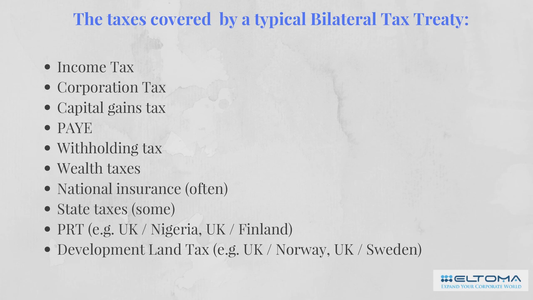Sometimes it contains provisions with regard to some state taxes. Also, the provisions with regard to PRT, for example, in the cases with UK and Nigeria and UK Finland, and also development land tax, for example, between the UK and Norway or the UK and Sweden.